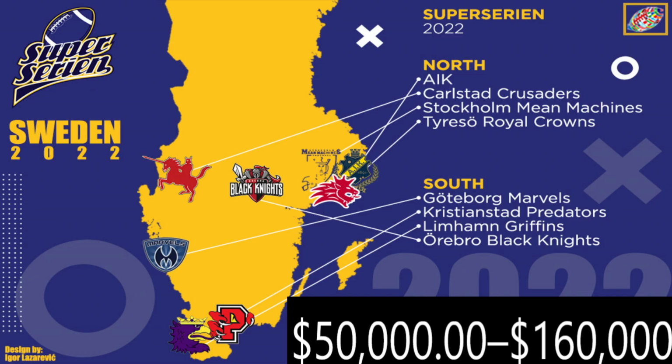Here's the Superserien of Sweden. Like the Danes, they are sort of a half step affected by the ELF. They haven't been poached yet either. $160,000, we're getting there in terms of strength of wealth, which doesn't mean talent.